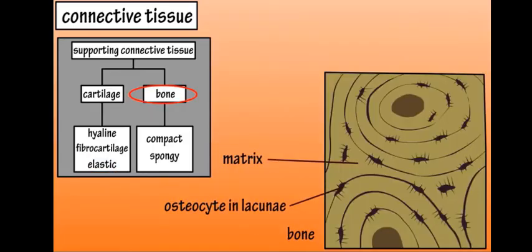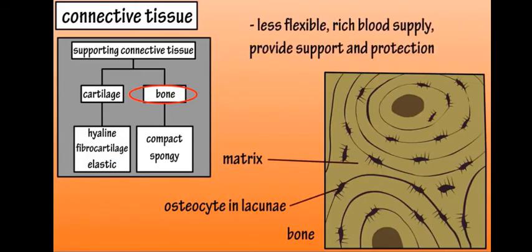Bone is the second type of supporting connective tissue. It's more solid than cartilage but less flexible, and it has a rich blood supply. The extracellular matrix of bone consists of collagen fibers and mineral salt crystals, and bone cells called osteocytes occupy small spaces called lacunae and are scattered throughout the matrix. Bones provide support and protection and also provide a point of attachment for muscles.